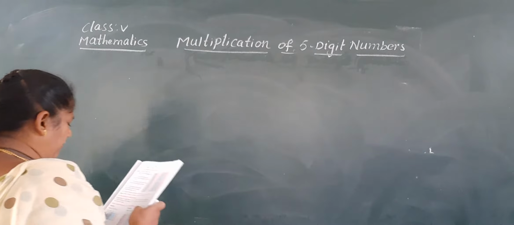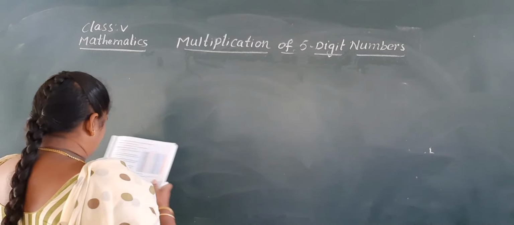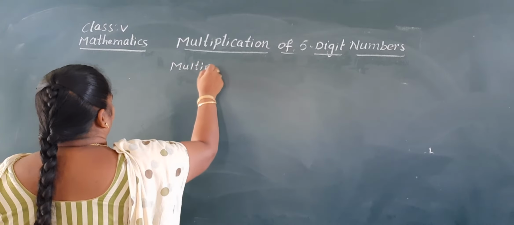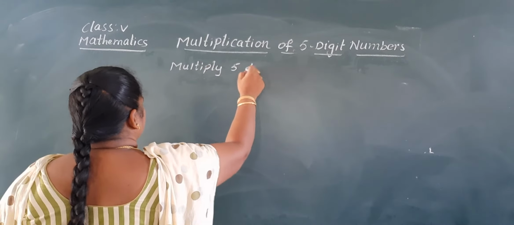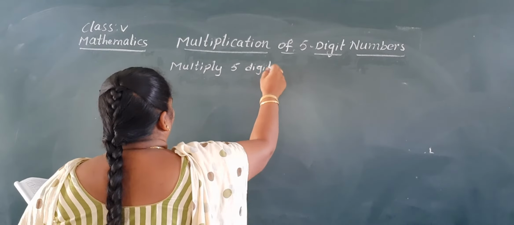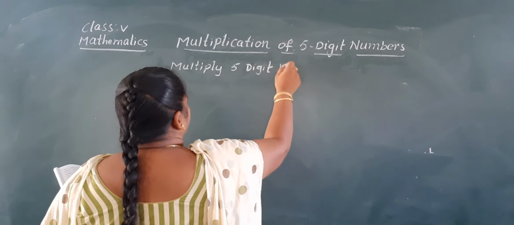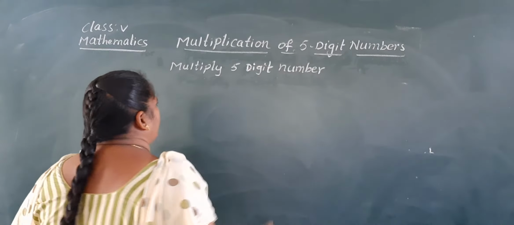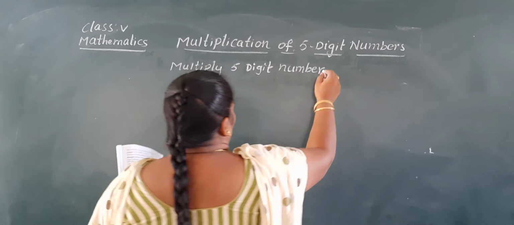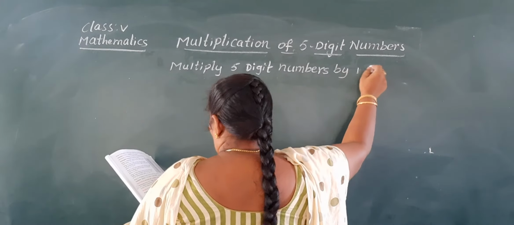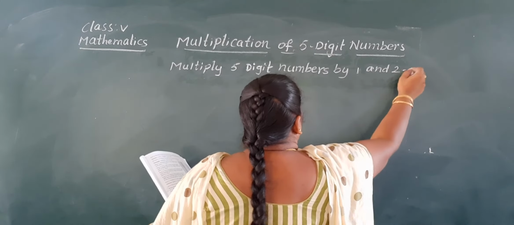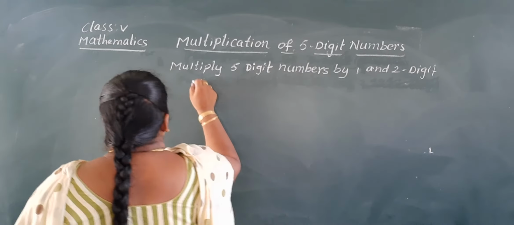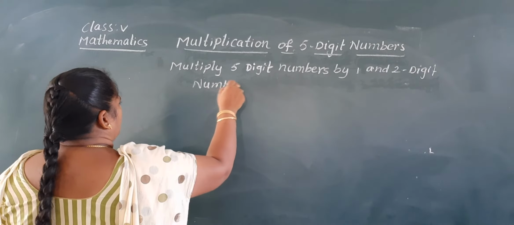So multiply 5-digit numbers by 1 and 2-digit numbers. Write neatly.